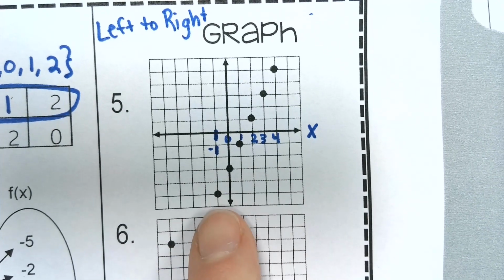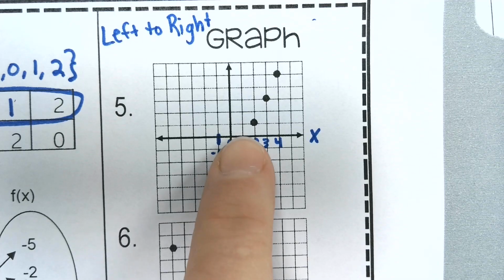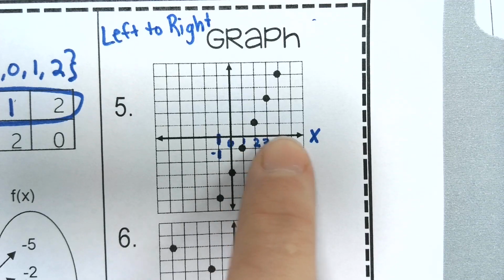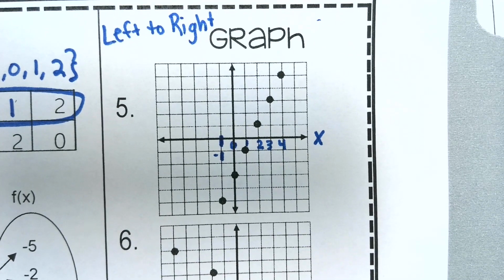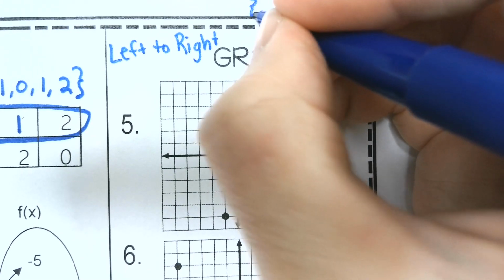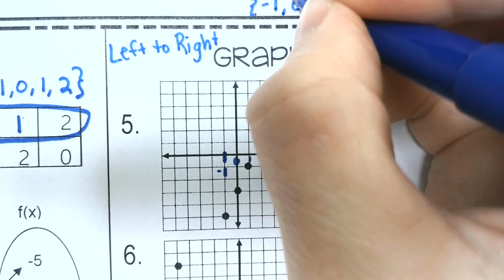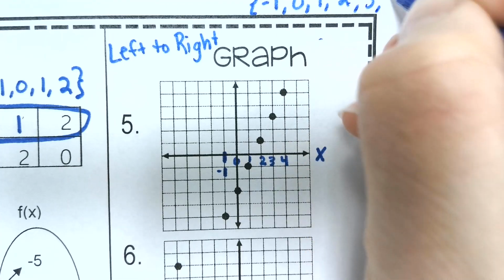So our list is the furthest left is -1, then it goes 0, then it goes 1, 2, 3, and 4. We're not going up or down. We're just going left to right for domain. So we're going to make that as our list. So I'm going to write it up here. -1, 0, 1, 2, 3, and 4.